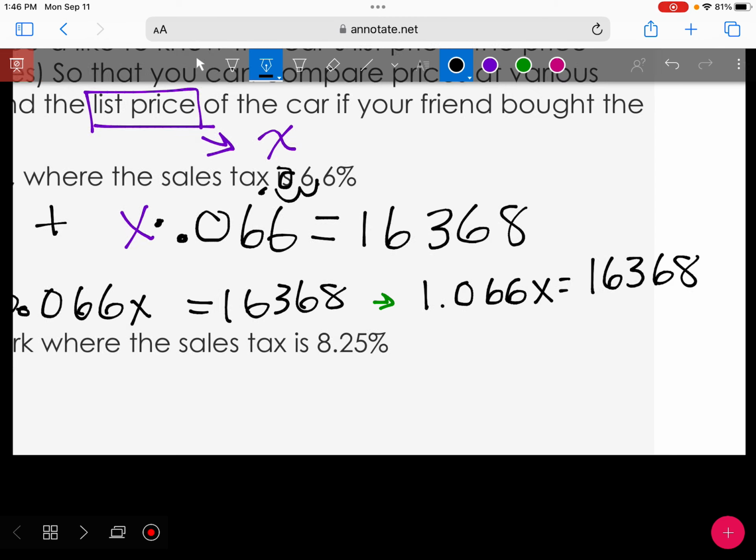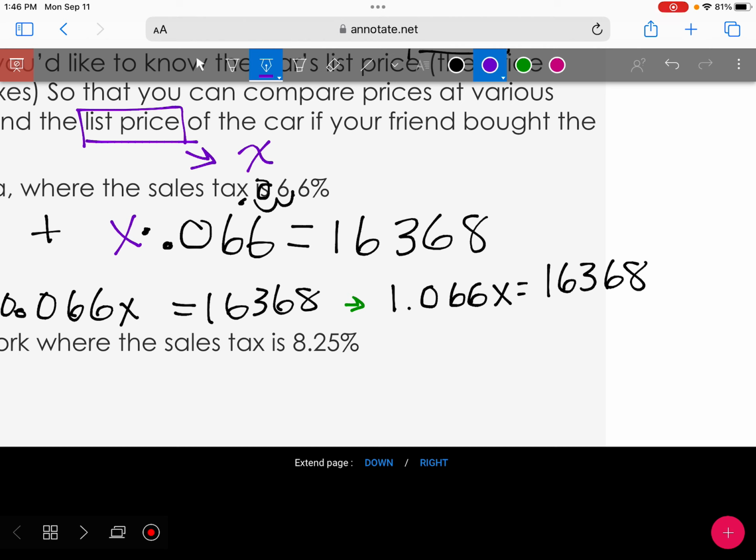So how much was the car? How much was the sticker on the window? What do we do to get that by itself? Divide it. Use a calculator.